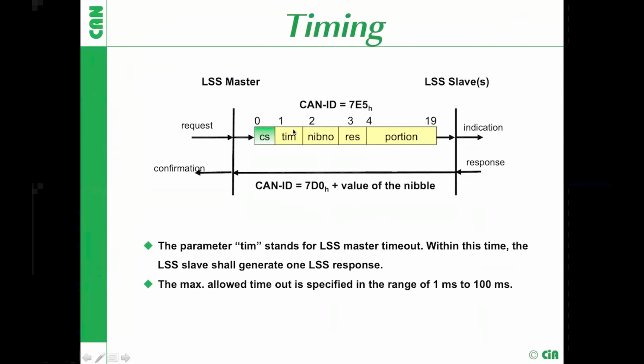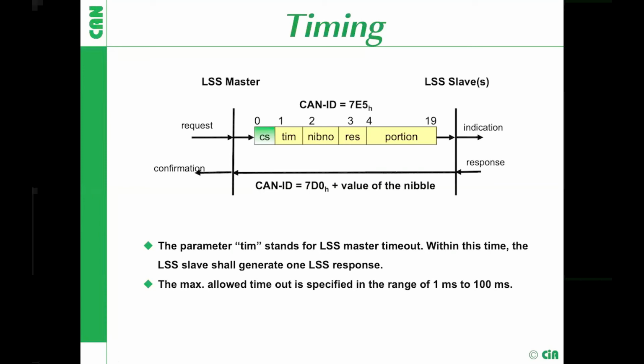One other important parameter you can see here is TIM. It stands for LS master timeout. Within this time, the LS slave shall generate one LS response. The maximum timeout is specified in the range of 1 millisecond to 100 milliseconds.